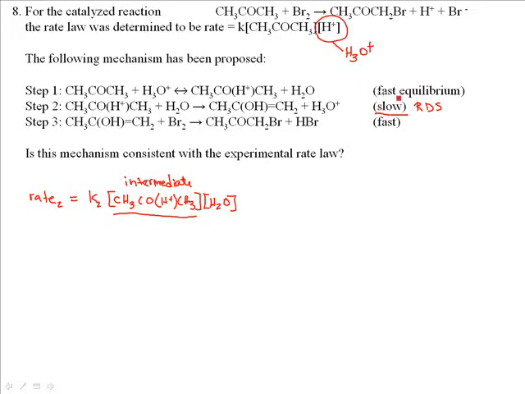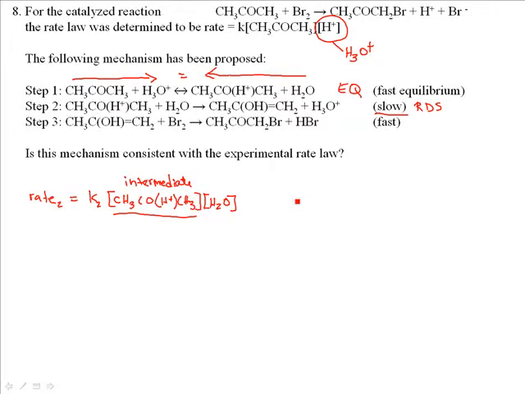Well, this first step, we're told it's a fast equilibrium. Alright, so the rate of the forward reaction is equal to the rate of the reverse reaction. So I'm going to set those two equal to each other.